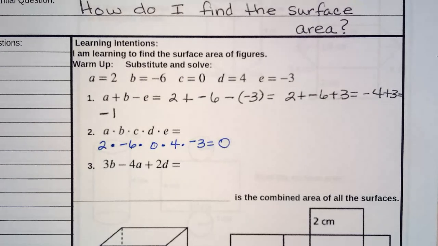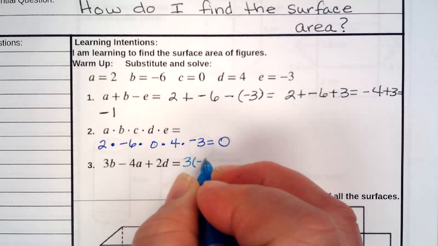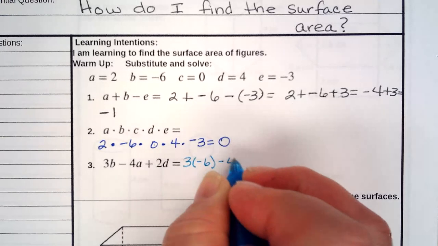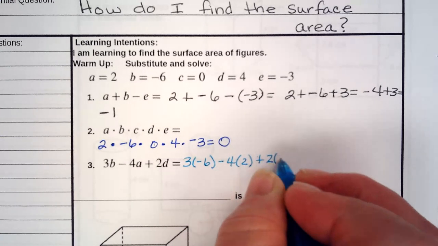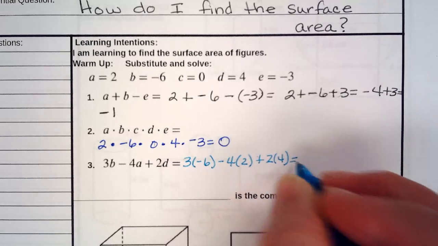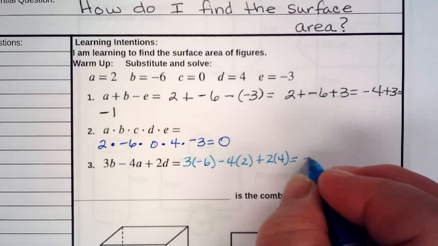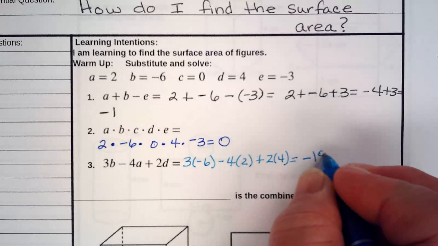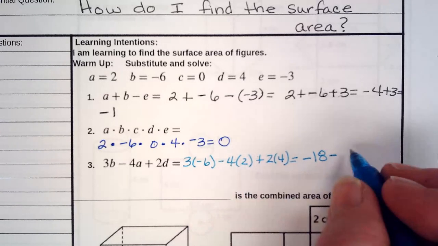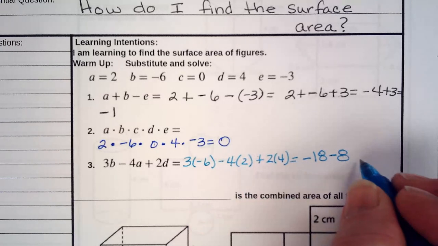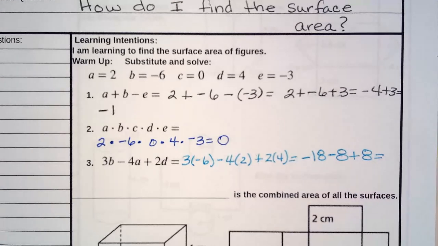Okay, for the last one, 3b minus 4a plus 2d. 3 times negative 6 minus 4 times 2 plus 2 times 4. 3 times negative 6 is negative 18, minus 4 times 2 is 8, plus 2 times 4 is 8 equals.